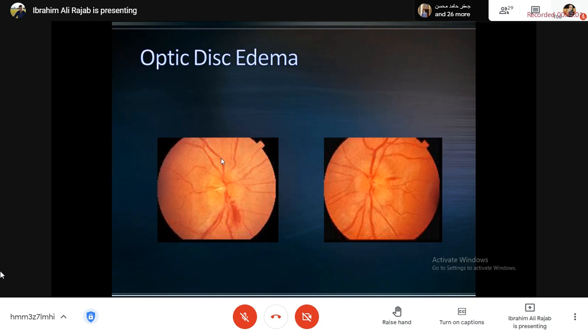So there are many causes of optic disc swelling or optic disc edema. One of them, as I said, is the rise of intracranial pressure, rise of ICP. So you should not say that disc swelling is synonymous with papilledema.